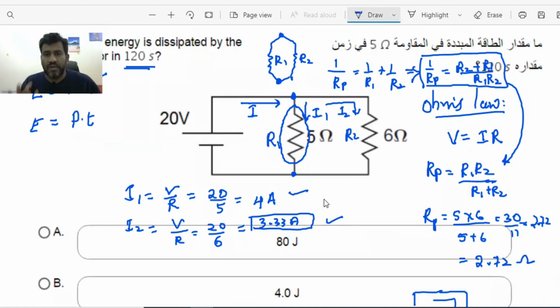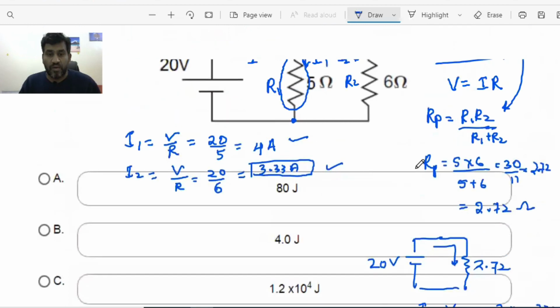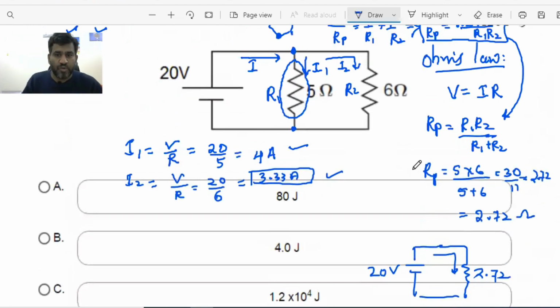But I'm telling you, if the question is the other way around, if they ask us to find the current across this one, then first you have to calculate the total resistance, that is the resistance in parallel, then find the current. But to solve this question, the individual information is enough.